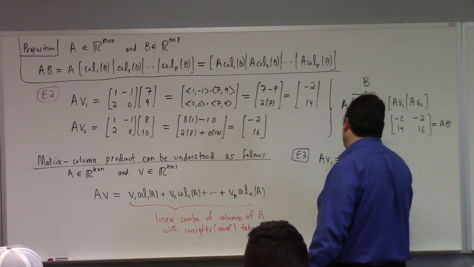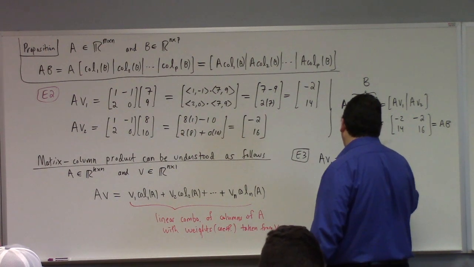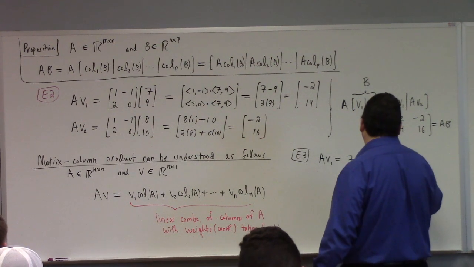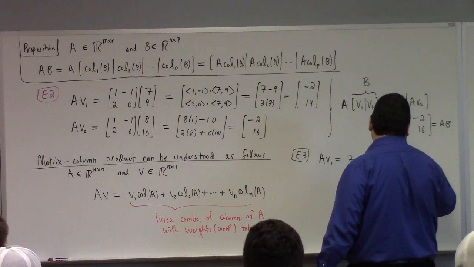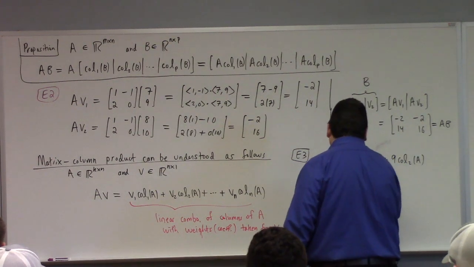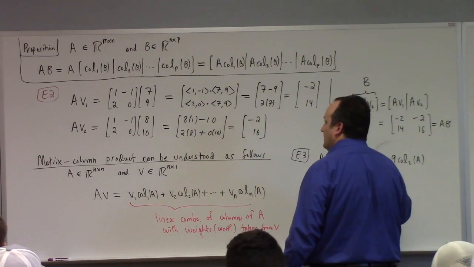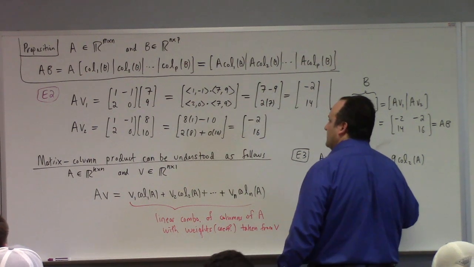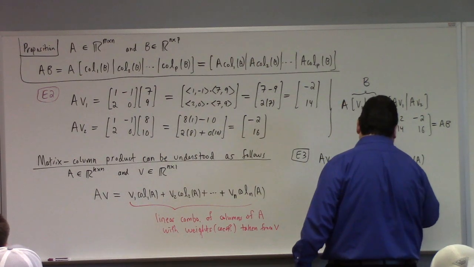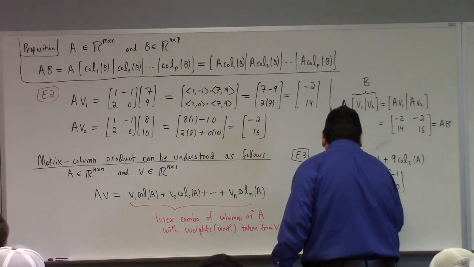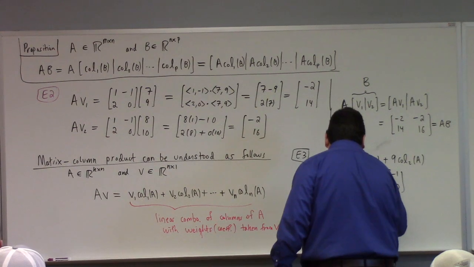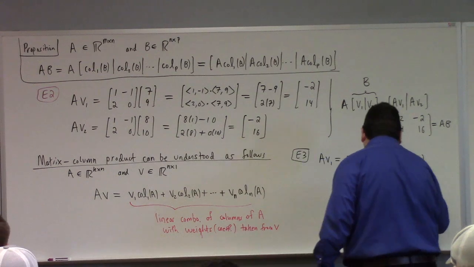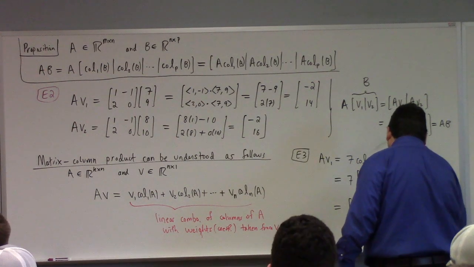So what I'm claiming is that this is 7 times column 1 of A plus 9 times column 2 of A, allegedly. So 7 times, what was column 1 of A? 1, 2. Plus 9 times column 2 of A, which was minus 1, 0. So what we got is 7, 14 plus minus 9, 0, also known as minus 2, 14.